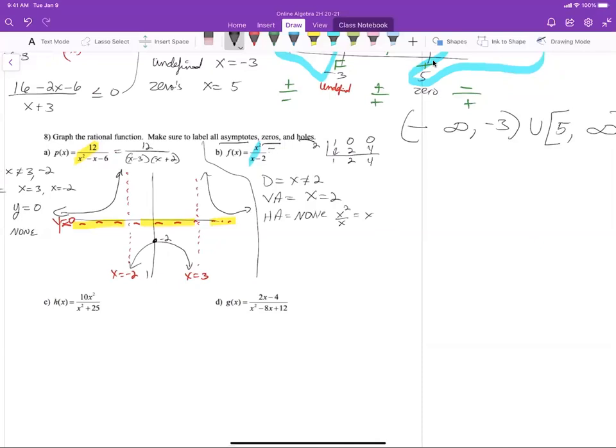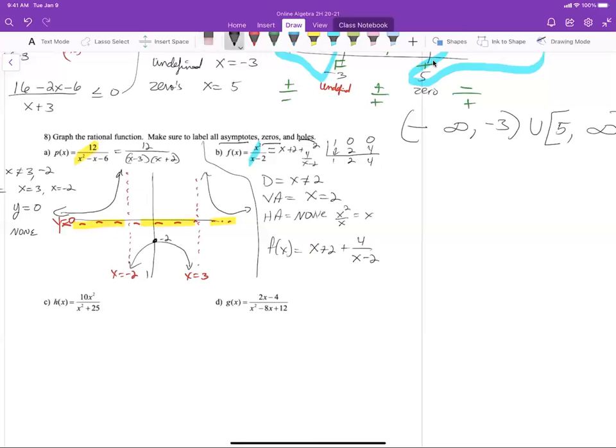This expression is the same as x plus 2 plus that remainder, which is 4 over x minus 2. I'm going to rewrite that over here. So f of x is equal to x plus 2 plus that remainder, 4 over x minus 2.